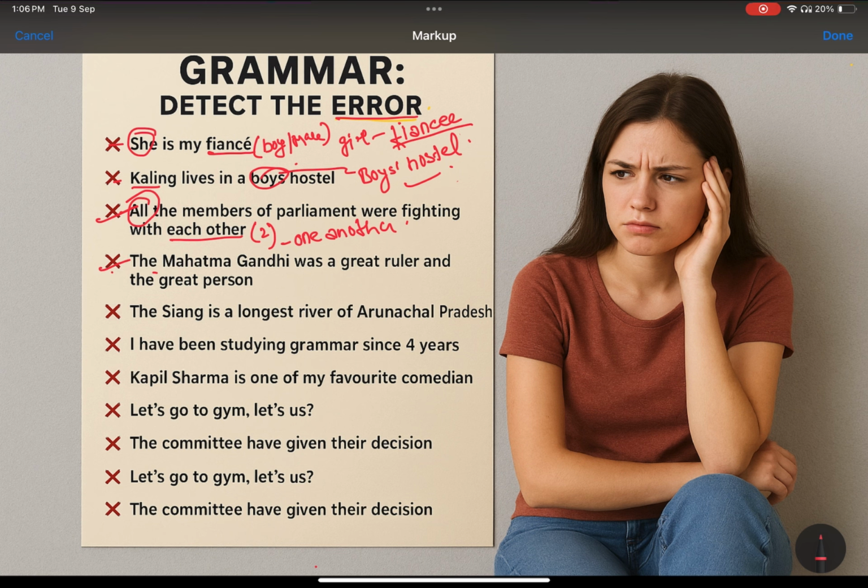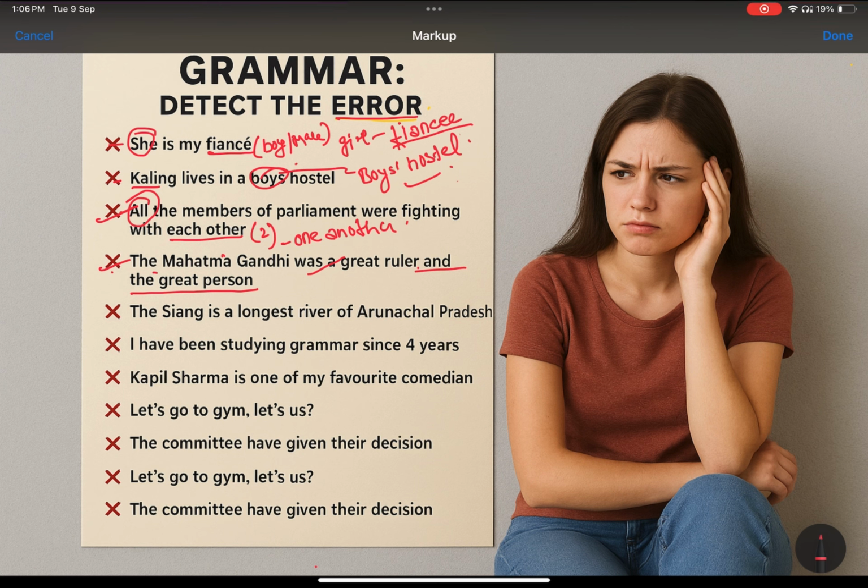Easy? Okay, next. The Mahatma Gandhi was a great ruler and a great person. First of all, we are not supposed to use an article with a person, but since Mahatma Gandhi was a great person, it is an exception. But यहाँ पे the problem is you cannot use an article after and.